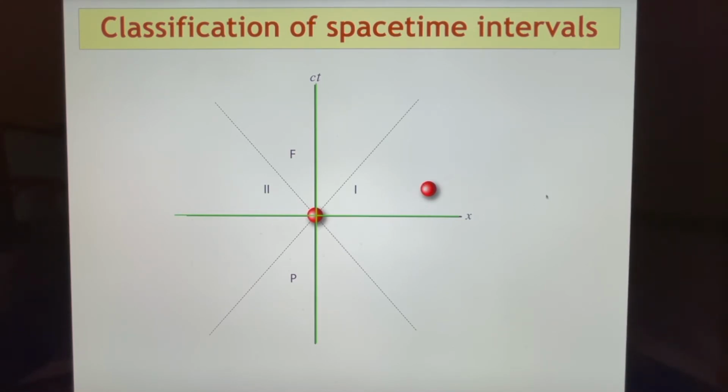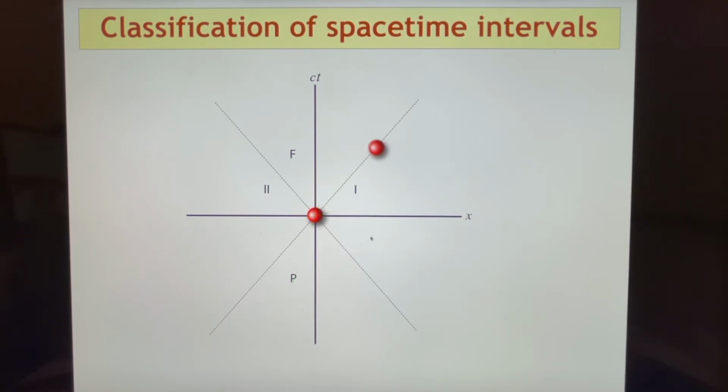Yes, indeed. If I do the hyperbolic rotation corresponding to a Lorentz boost, I tilt the axes like that, and there is indeed a frame t', x' for which the two events are happening simultaneously. You can tell this is the plane of simultaneity, t' equals 0, and you see that the two events happen exactly at t' equals 0. They're happening simultaneously in the primed frame, even though they don't happen simultaneously in the unprimed frame.